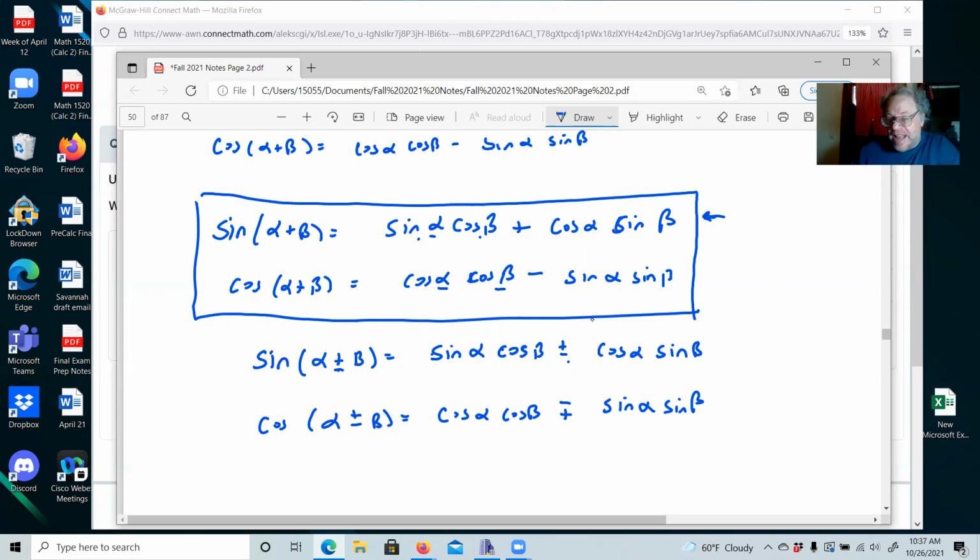So if it's a minus b, then we're going to be looking at cosine alpha, cosine beta plus sine alpha, sine beta. Whatever the plus or the minus is, it's going to turn a sum into a difference, and a difference into a sum. That's all we're saying with that. So don't get hung up on this one.